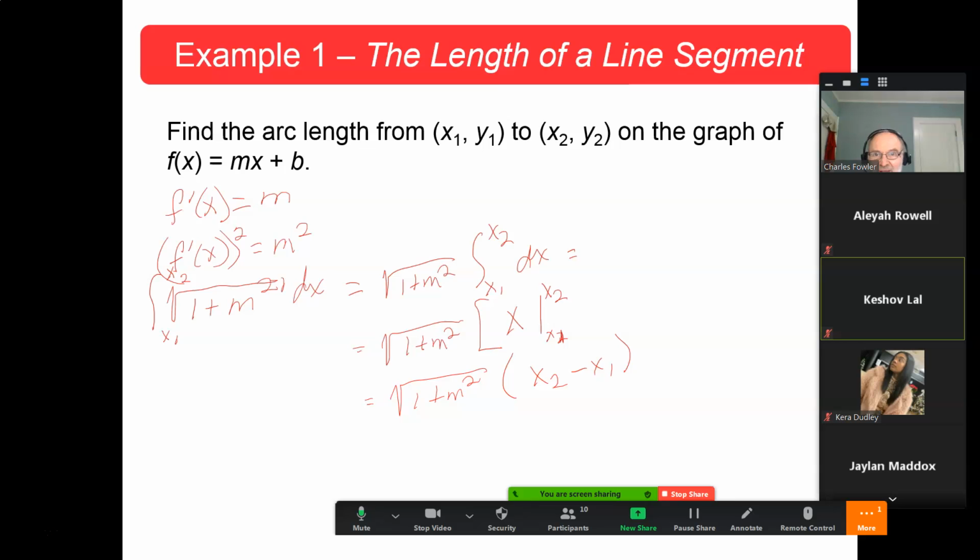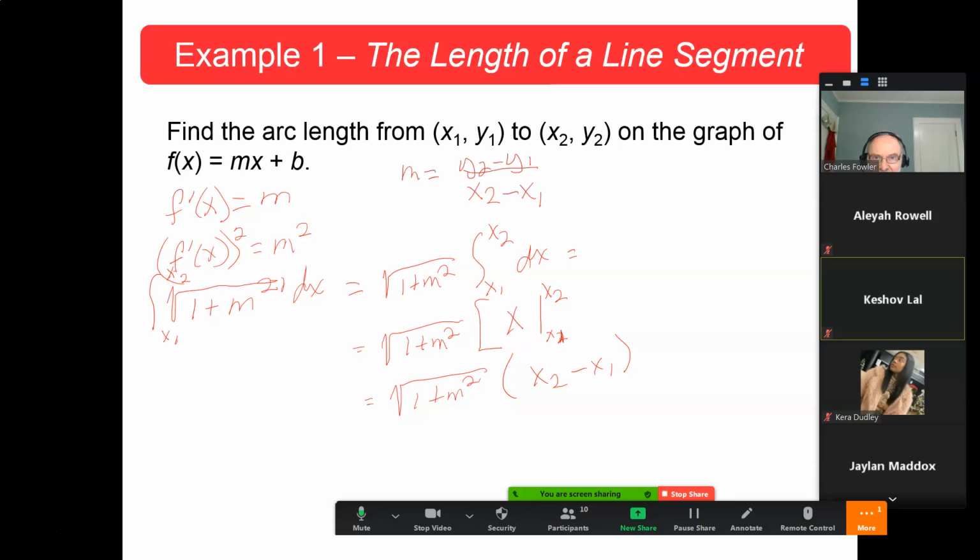Now, what is m? M is y2 minus y1 over x2 minus x1. Way back in algebra somewhere you had that.